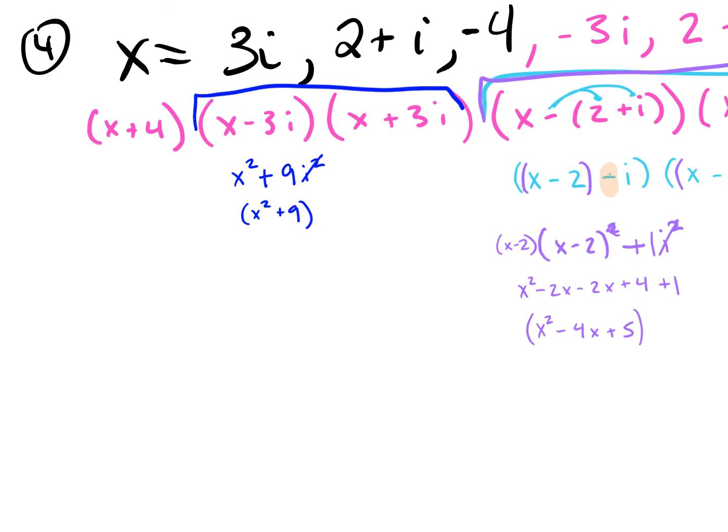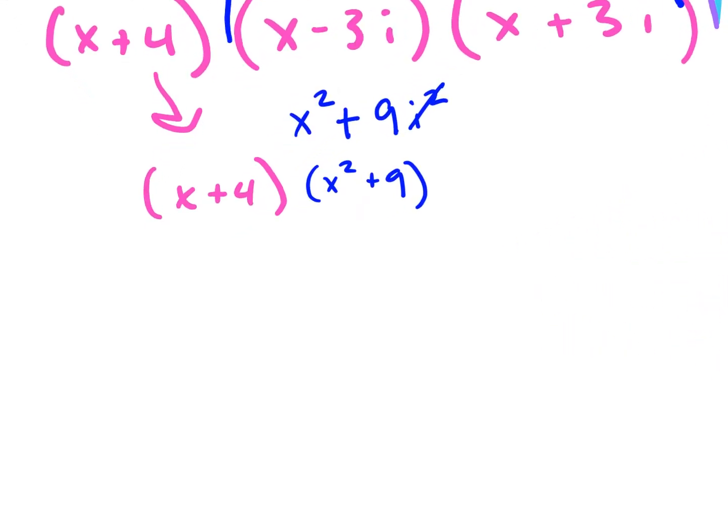So I'm going to multiply that now with x plus 4. I just brought this one down because I have to multiply these two together. So I have to FOIL. x times x squared is x to the third power. x times 9, 9x. 4 times x squared.